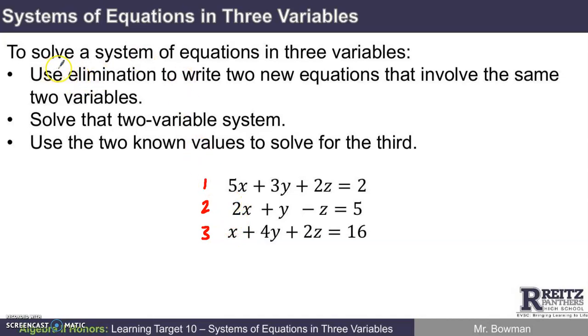What we'll do is we'll use elimination to write 2 new equations that involve the same 2 variables. Or in other words, I'm going to eliminate the same variable 2 different ways.